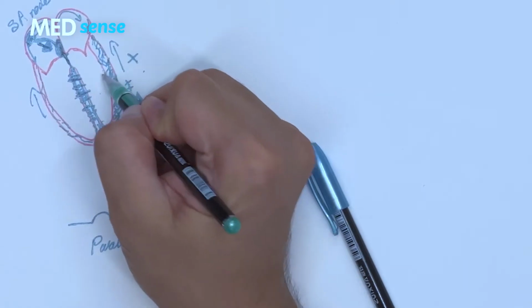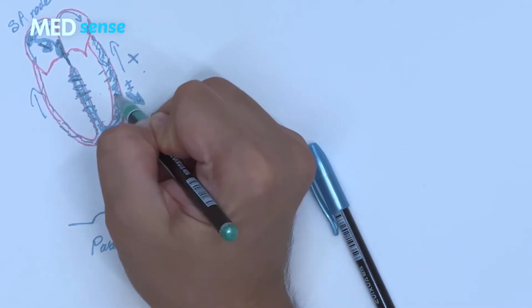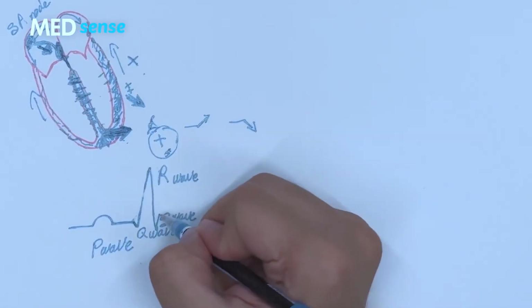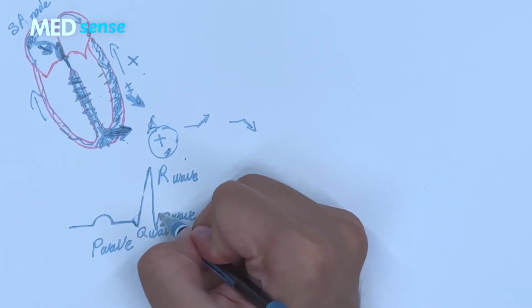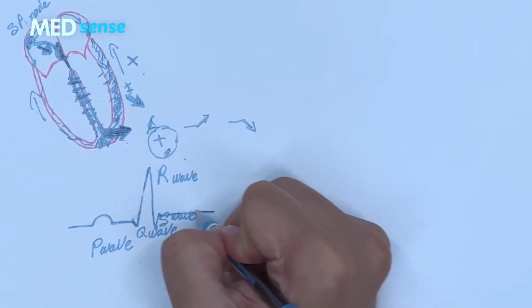When the cardiac myocytes are resting, they are negatively charged. We call it the resting or polarized state. But to move from the positive, excited state to the negative state, it takes some time. Through this time, there is no electrical current. There is no electricity flowing either way. So the ECG electrode will interpret it as a flat line.